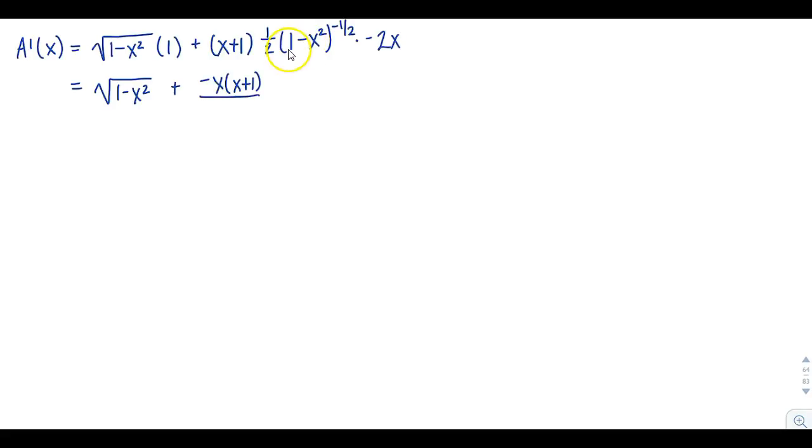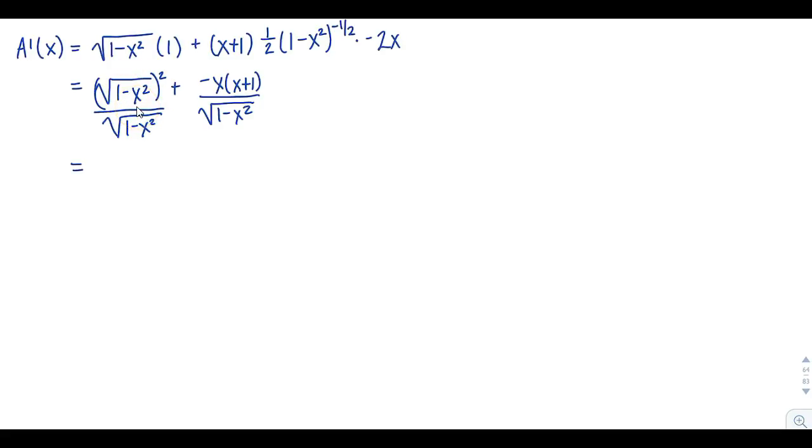And in the denominator, I have the 1 minus x squared to the positive 1/2 when I bring it to the bottom. So I'm going to rewrite that as the square root of 1 minus x squared. And now I want these to have common denominators, so I'm going to multiply the denominator over here by radical 1 minus x squared, and that's the same as the numerator here, so I'm just going to write it as that numerator squared.